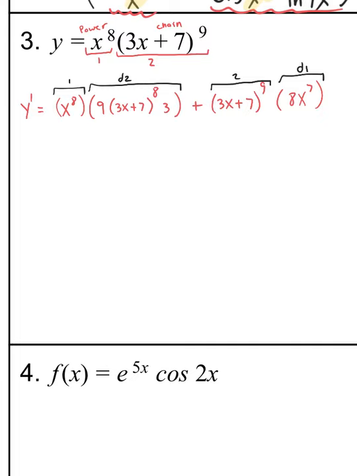Now we're going to simplify each term. All right, so if we simplify this term right here, I can multiply the 9 and the 3 and put that out front. So I have 27, I still have x to the 8th, and I still have (3x + 7) to the 8th.